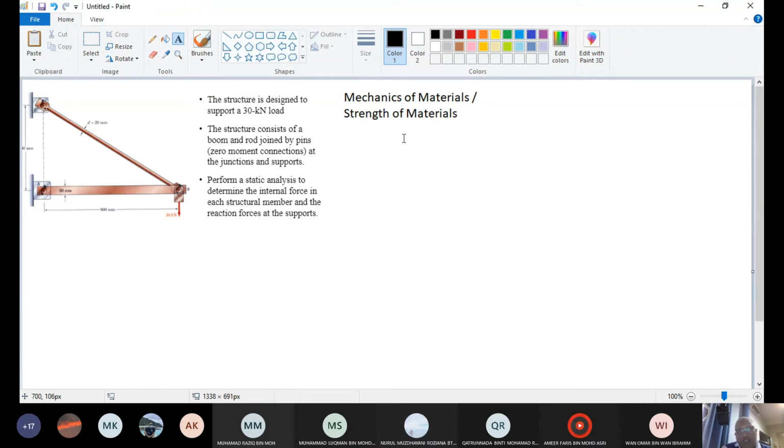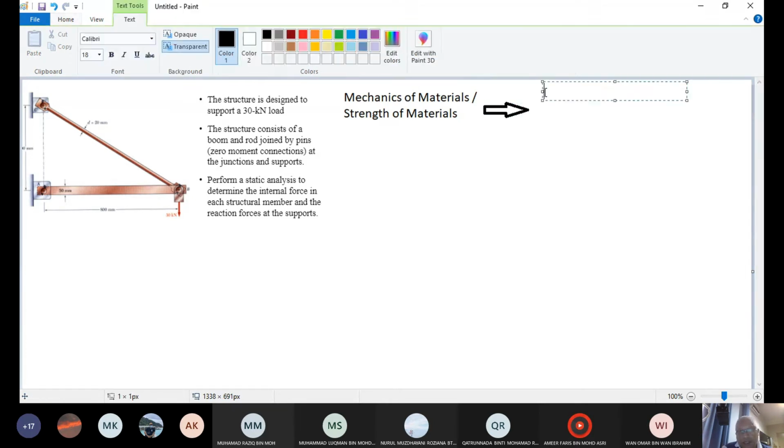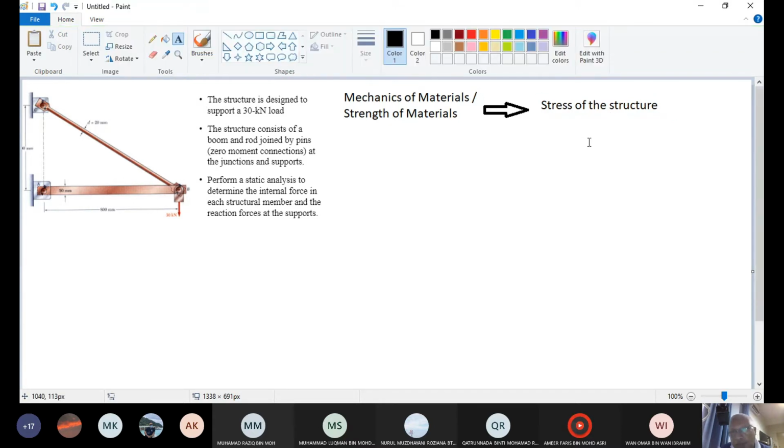Why? Because your study is looking at the stress. So we study stress of the structure. Study of the stress of the structure. And why do we need to study the stress?